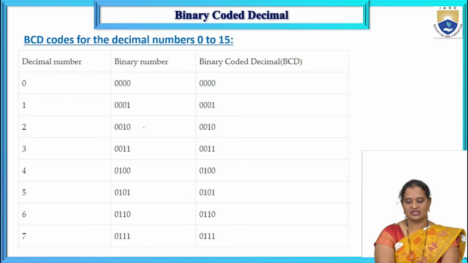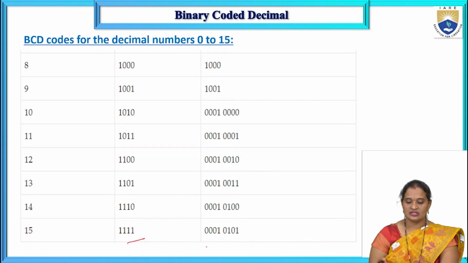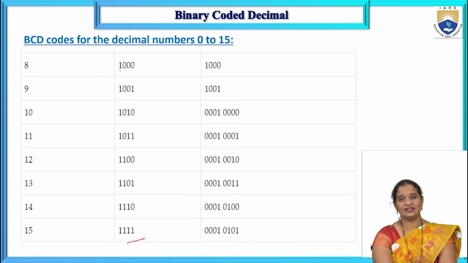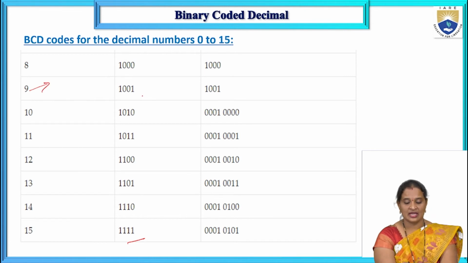So here these are the BCD codes: 0000, 0001, 0010, 0011, 0100, 0101, 0110, 0111, 1000, 1001. This is the BCD code and binary code for decimal digit 9.